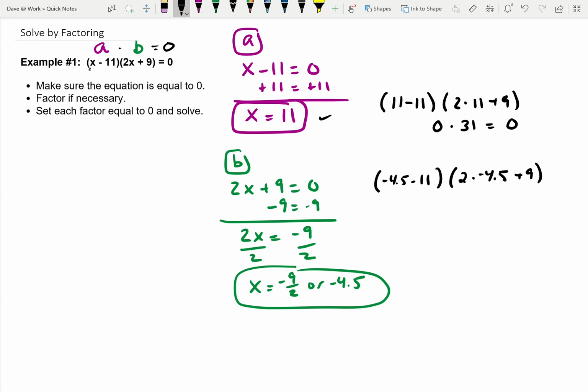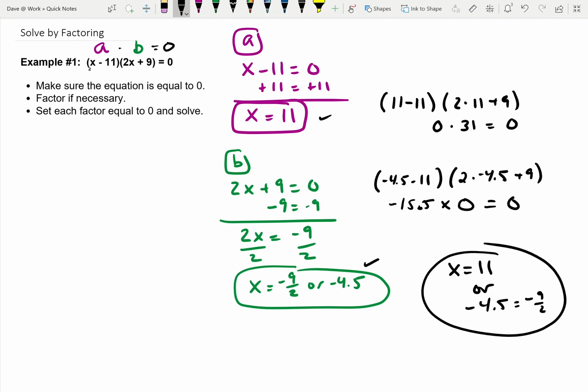It's not so much what the first expression is, which is negative 15.5. It's the fact that the second expression equals 0, and this produces 0. So in this case, the two answers for this problem are x equals 11 or negative 4.5. And if you want to write negative 9/2, that's fine too.